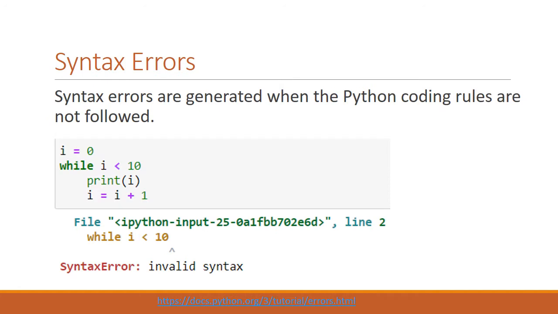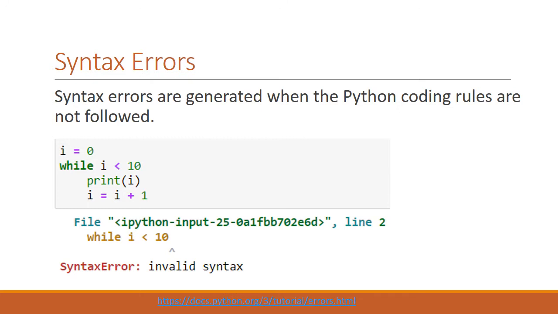Syntax errors are generated when the Python coding rules are not followed. So let's consider this example. i is assigned 0. While i is less than 10, print i. Here we have a syntax error, and when you try to run this program, an error message is generated.